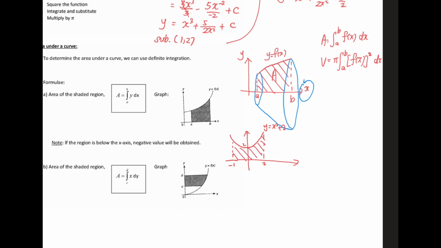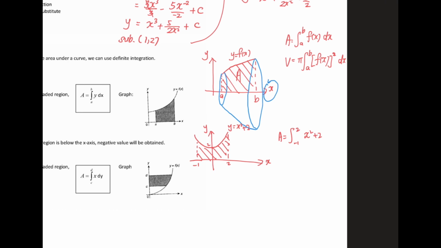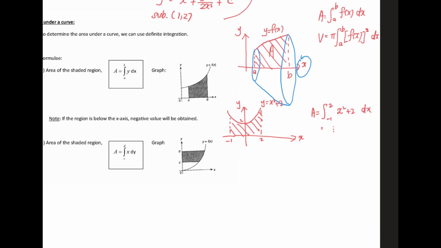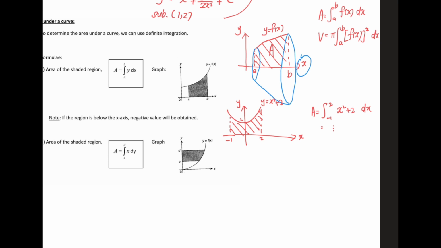I want to find this area. Okay, so how to do it? Area equal to integrate from -1 to 2 of x squared plus 2 dx. And then you keep doing it to find the value, and the value that you get is the area under the graph.